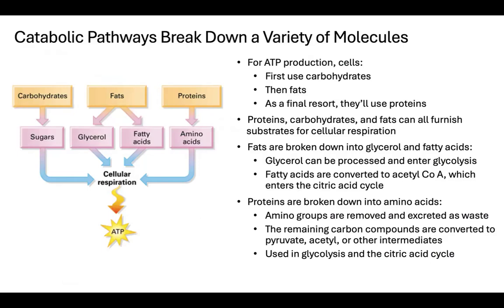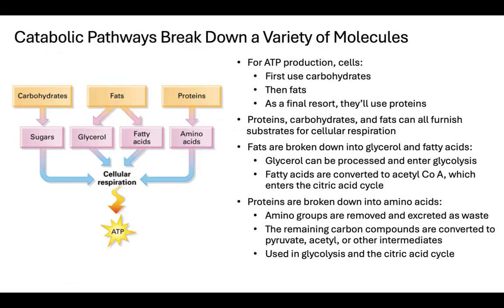Okay, you can actually use many different types of molecules to get energy, to produce ATP. So the ones that we're familiar with are carbohydrates, right? Those are our sugars. But in the absence of sugars, your body can still run itself if it has a supply of fat.